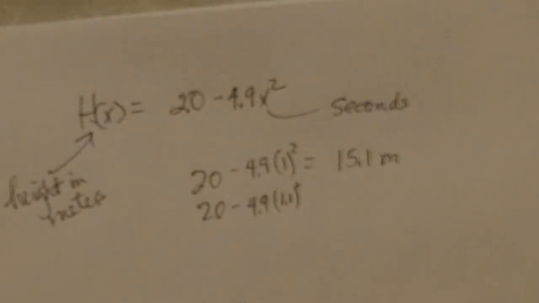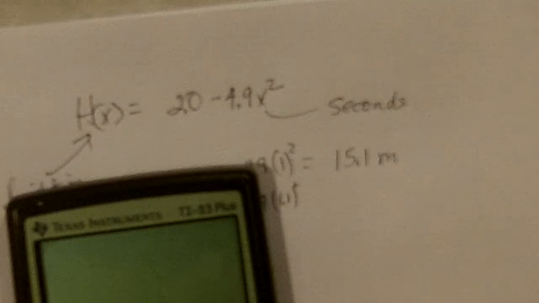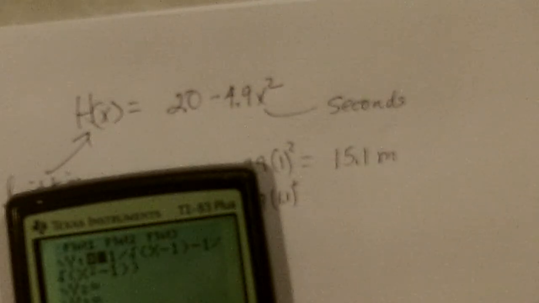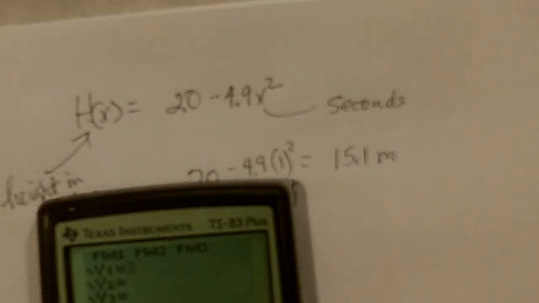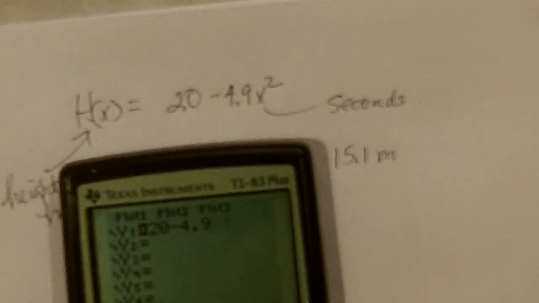Now I'm getting into a calculator problem here, so let's just do this. I'm going to do it the simple way. I'm going to turn the calculator on. I'm going to push y equals. I'm going to clear what's in there, and I'm going to put 20 minus 4.9x squared.